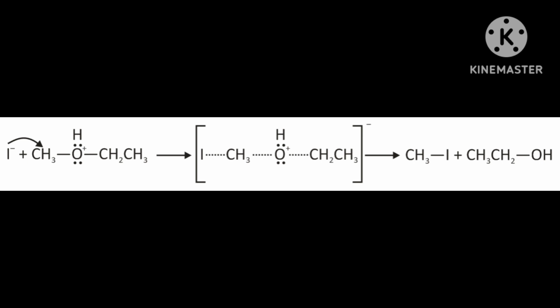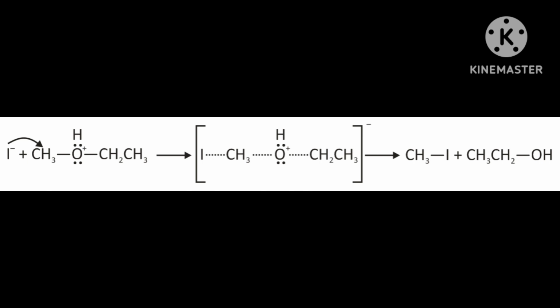When I was approaching and CH3 was breaking, the ethyl and oxygen bond was also becoming weak. But as soon as the CH3 and O bond breaks, this bond becomes stable, and the OH will attach to the CH2 and make a strong bond. Means you will get methyl iodide and ethyl alcohol.